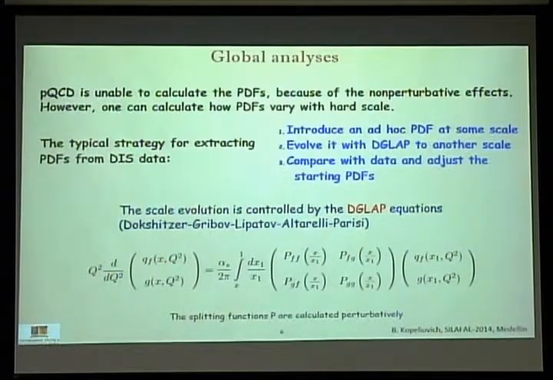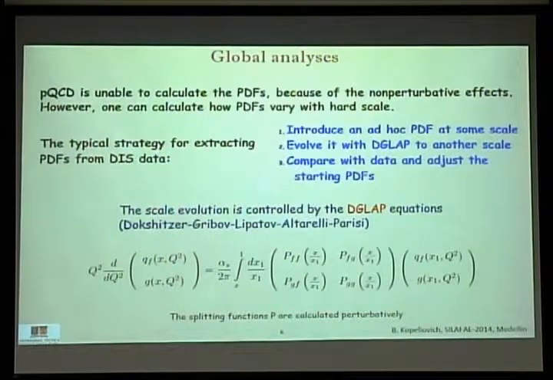However, once you know the structure function at a given scale, you can increase your scale a little bit, and the variation can be calculated perturbatively. So we cannot calculate F2, but we can predict how it changes with increasing scale.